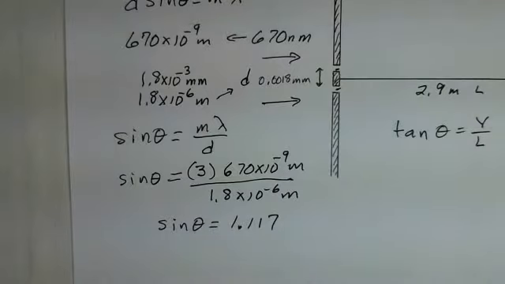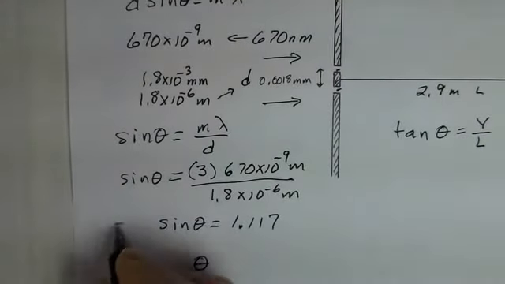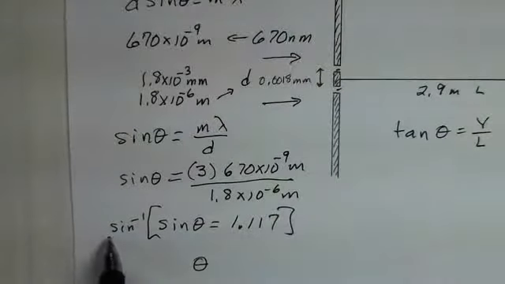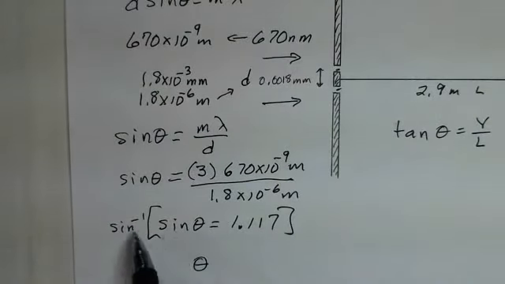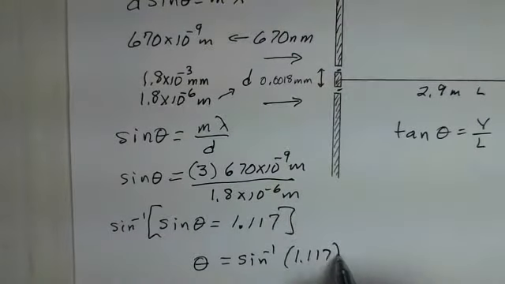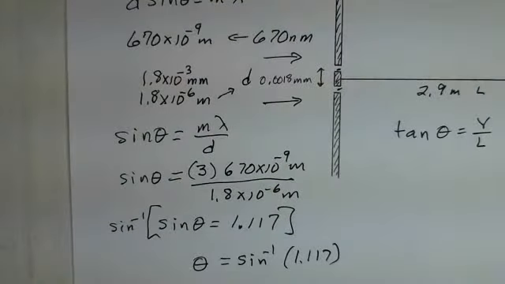So go ahead and use your calculator and find the value of theta. Of course, you have to take inverse sine of both sides. Inverse sine of sine cancels, these two functions cancel, we just have theta. And then you have to take inverse sine of 1.117. So how did that go for your calculator? You definitely should pause and try this on your calculator.